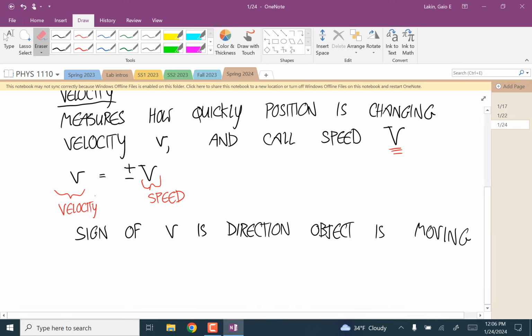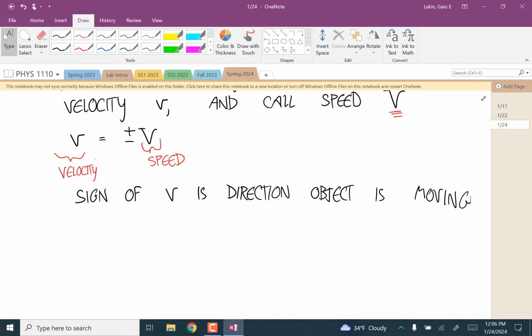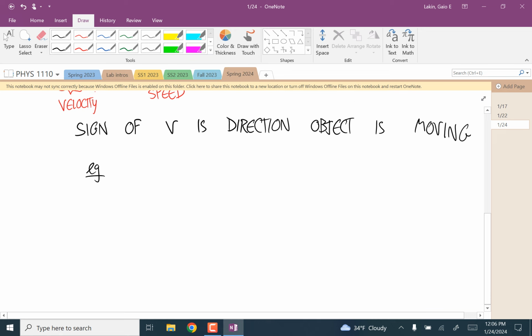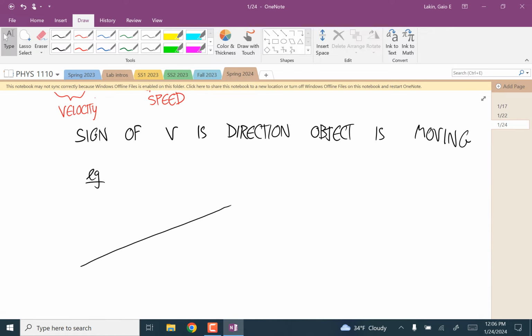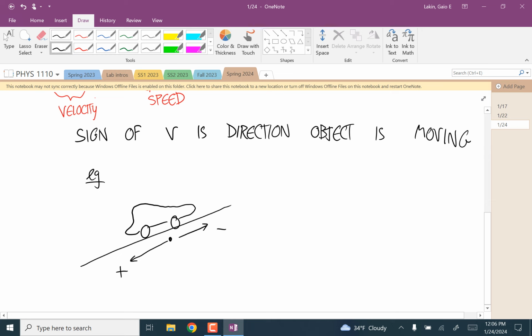Okay, so for example, let's say we have a car that's moving along a path like this. And let's say we're going to call the positive direction down this hill. And that means the negative direction is up this hill. And let's say that the car is moving this way at 30 meters per second.